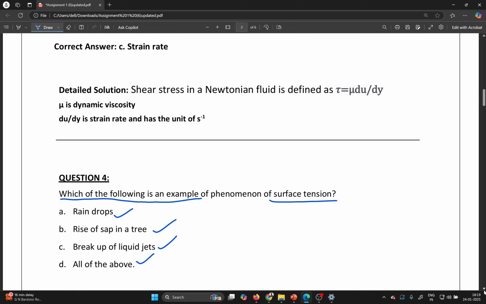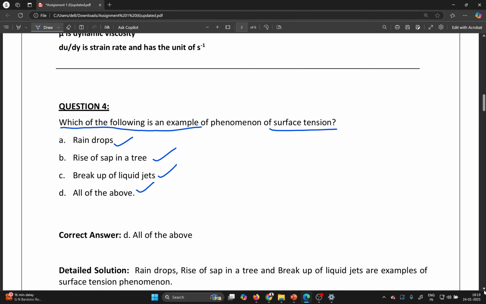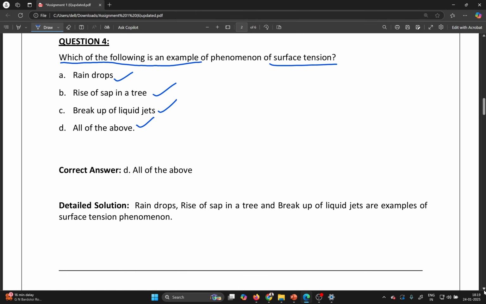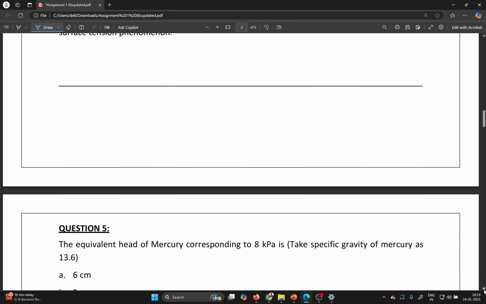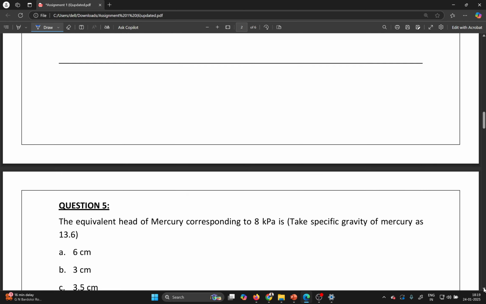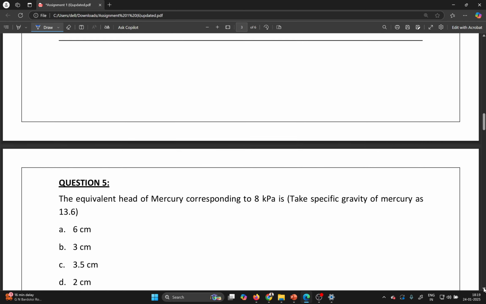So the next question is question number 5, a very small numerical. The equivalent head of mercury corresponding to 8 kilopascal is, and you can take the specific gravity of mercury as 13.6.